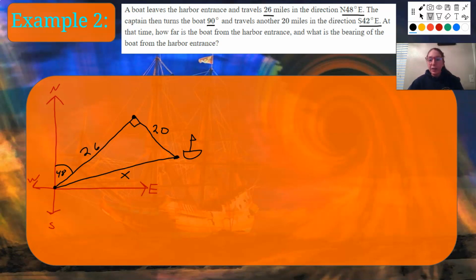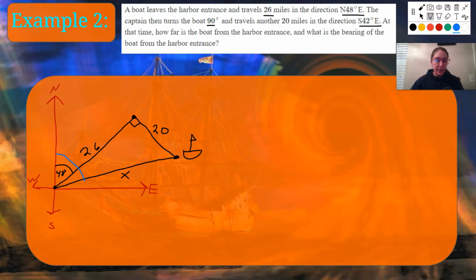And then the other question is, what is the bearing of the boat from the harbor entrance? So I haven't used blue. So the bearing of the boat from the harbor entrance, well, we know it's going to be north, and we know it's going to be some degrees east. So the question is, what is that whole angle? Well, this whole angle would be this, which would be 48, right?